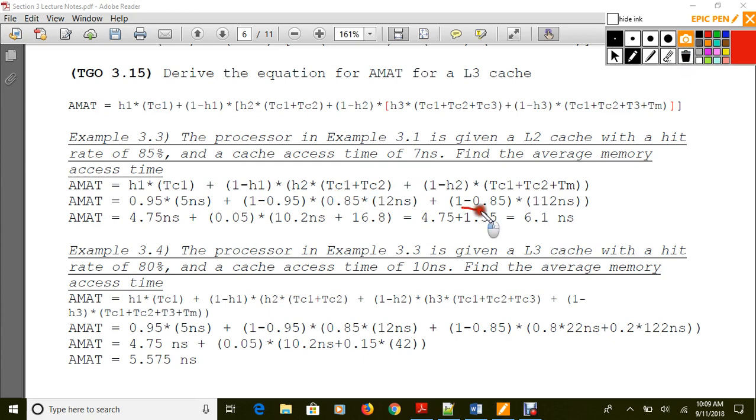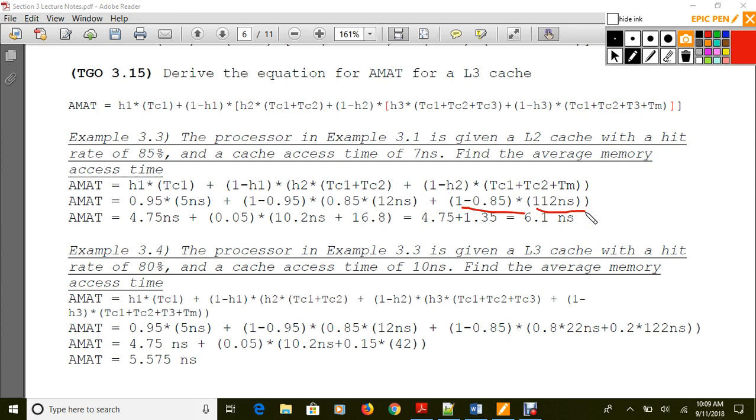And then to go to the last part, it's minus 0.85, so we miss 5% of the time level 1, and then of that 5%, we miss 15% of level 2 cache. And then it's 5 plus 7, which is 12, plus from problem 1, the memory access time was 100 nanoseconds.